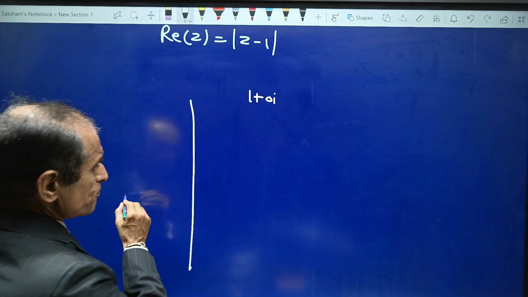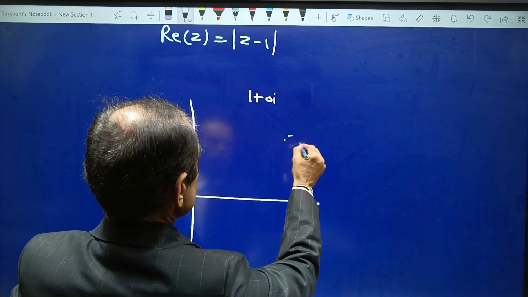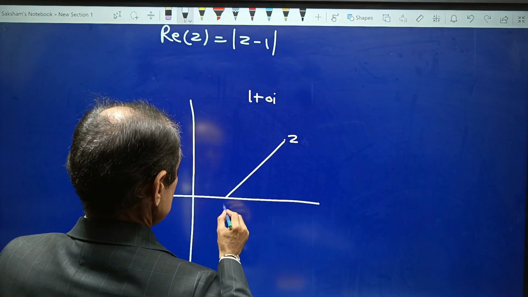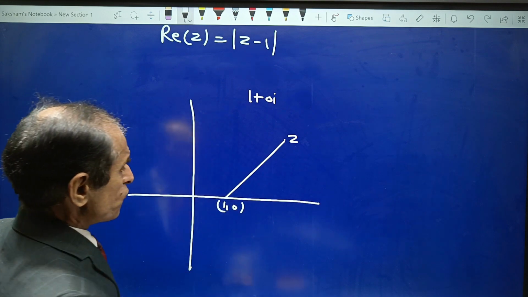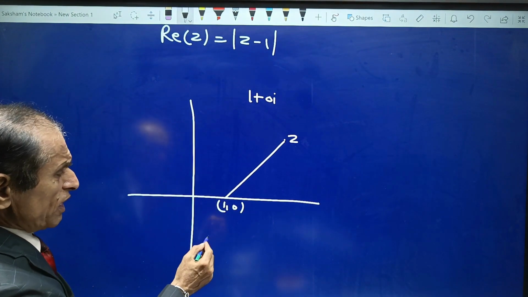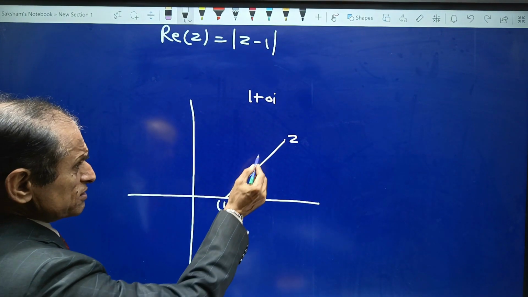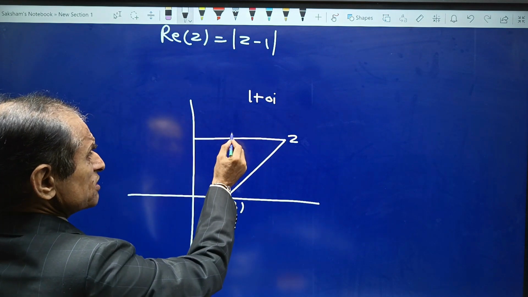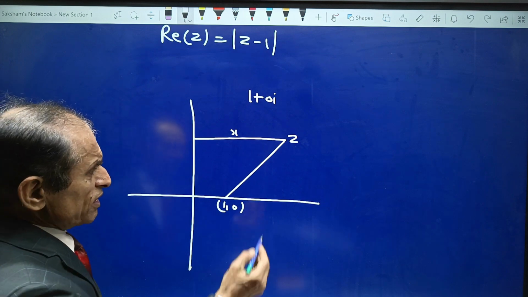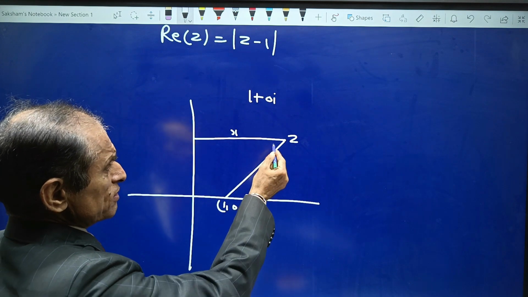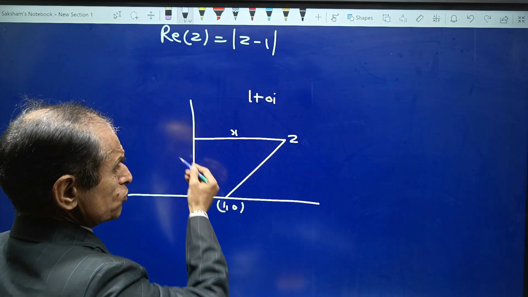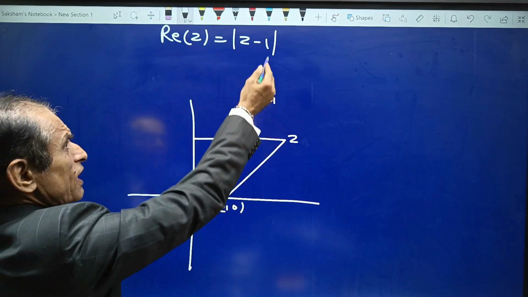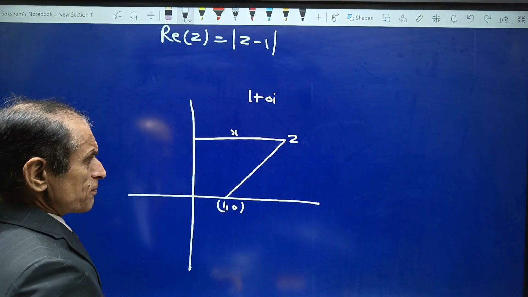That is, if Z is here, one zero is the point on real axis, that is x-axis, and this length is x. That is, Z moves such that this distance is equal to this distance because x means this thing and this means this length.